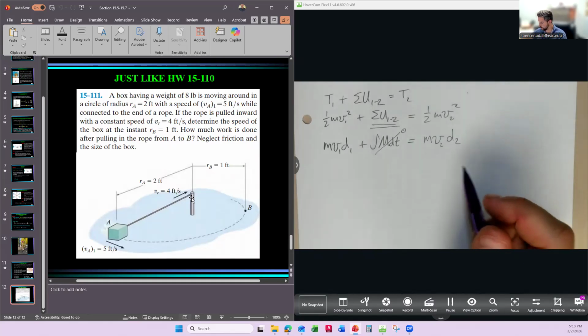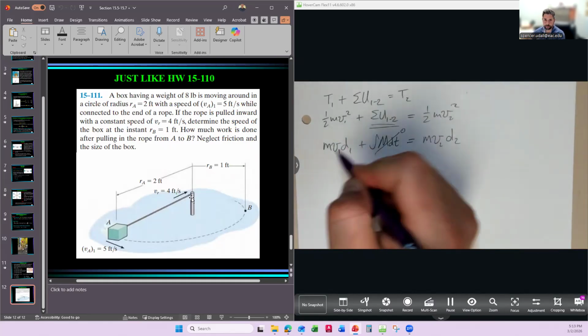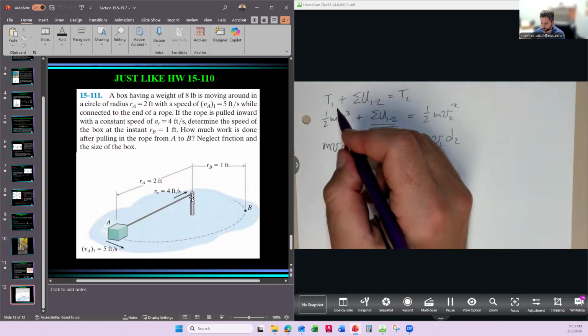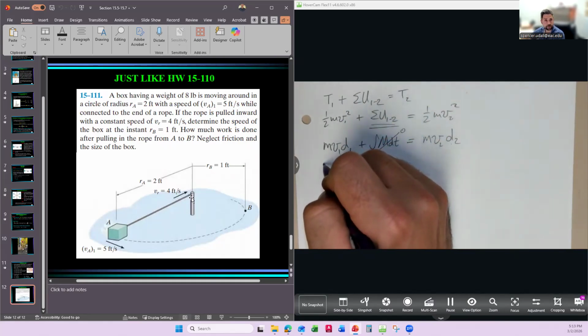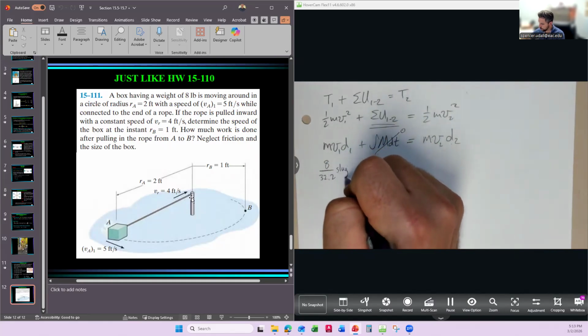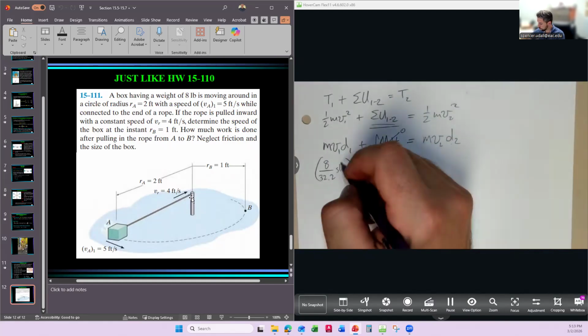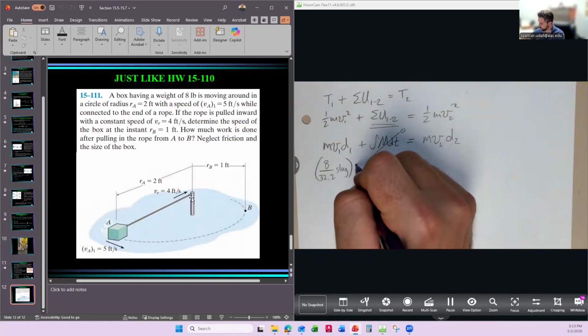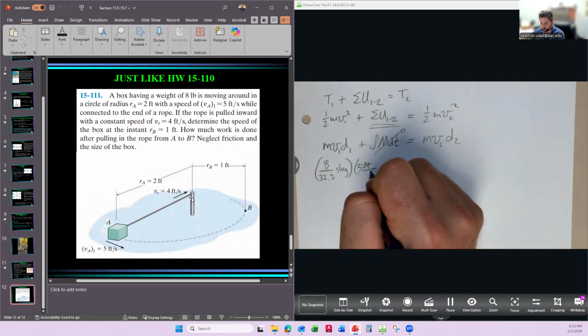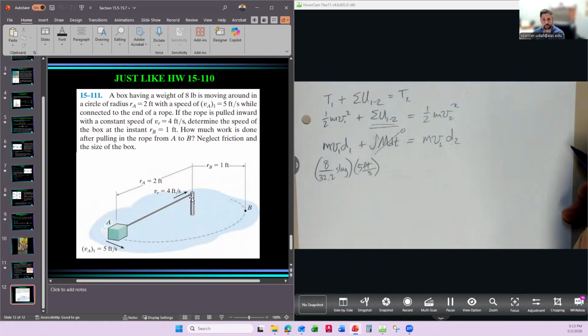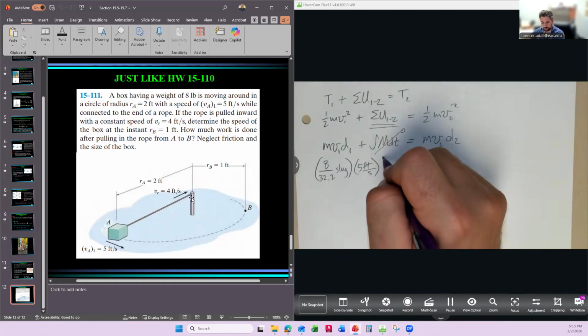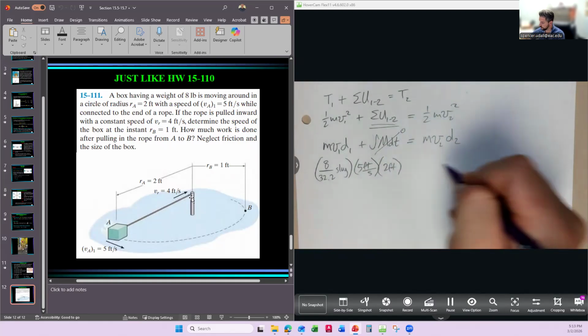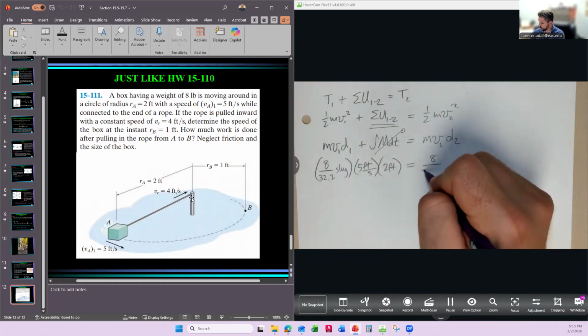So let's come up with our angular momentum here. We've got the mass of 8 pounds divided by 32.2. That's in slugs now. We've got our tangential velocity, which is what we want, 5 feet per second. And we've got our distance to the center of rotation, which is 2 feet to start with. Plus the zero equals the mass again.